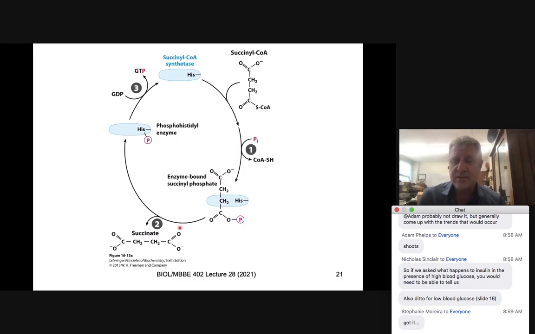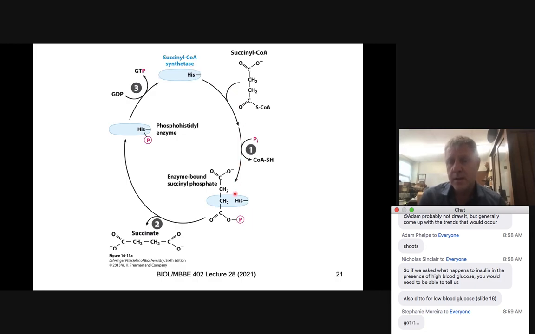We cause then the release of the succinate and then the regeneration of the phosphate position onto the histidine of the enzyme. And it's that particular priming of that histidine that gives us the capacity now to take GDP and make GTP and cause then the regeneration of the dephosphorylated enzyme histidine complex to allow us then to bind more succinyl CoA.